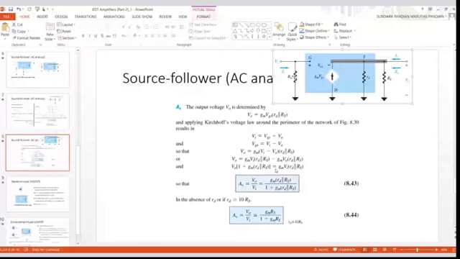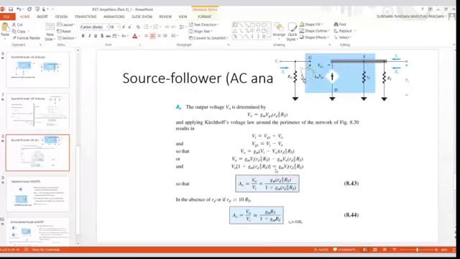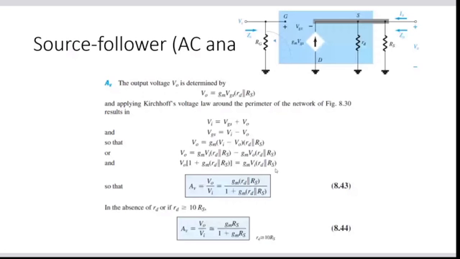I am applying KVL here, for finding the input voltage, so that VI is the voltage dropping across this resistor RG.